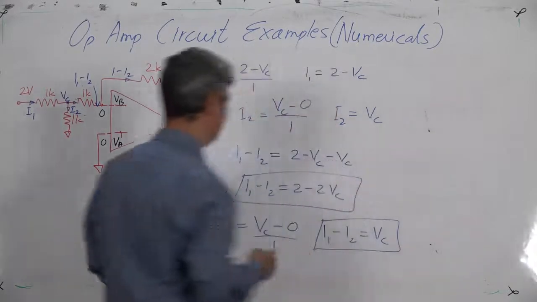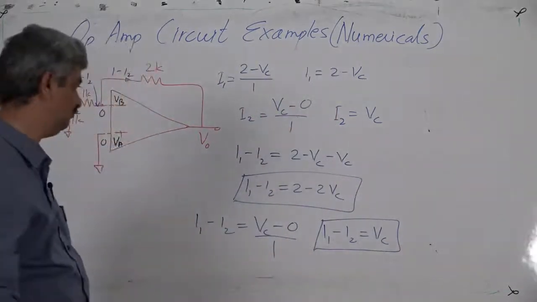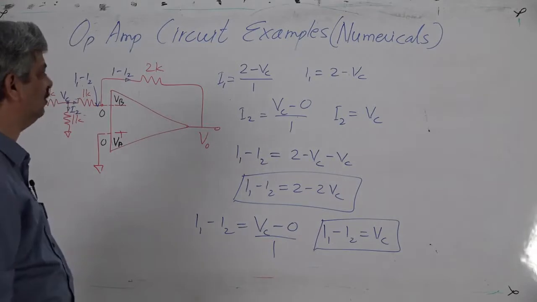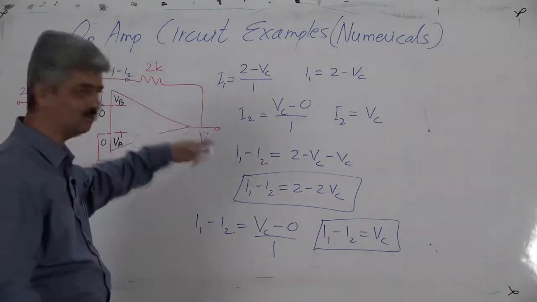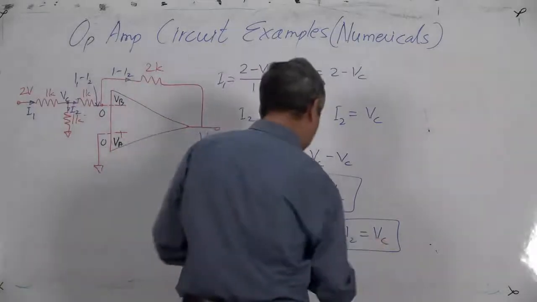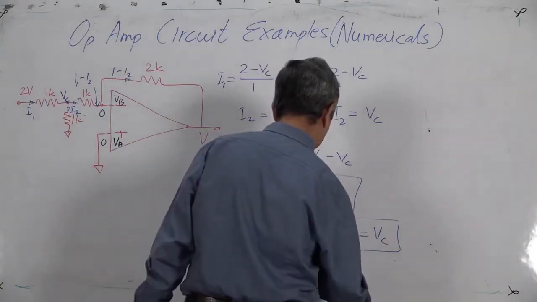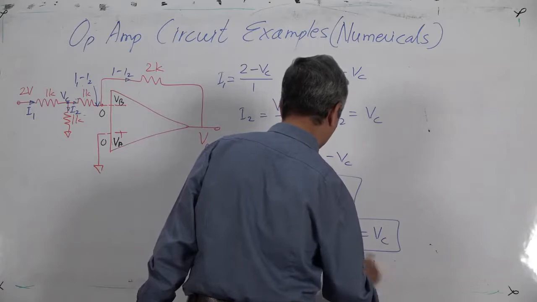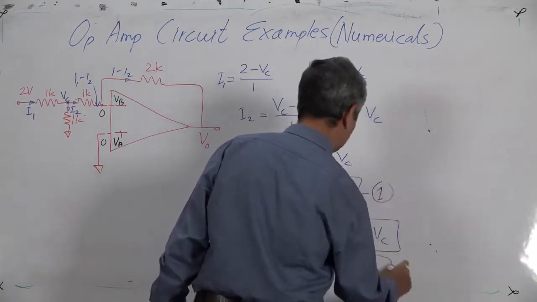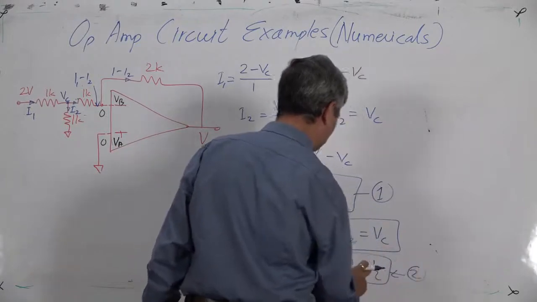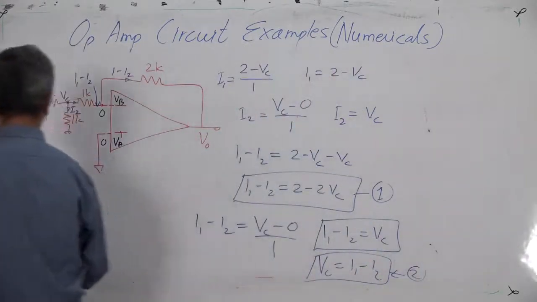So what has happened? I1 minus I2 is equal to Vc. We want to get rid of Vc. So use this equation in reverse form. Vc is equal to I1 minus I2. This is equation 1. This is equation 2. Putting 2 in 1, what you get?